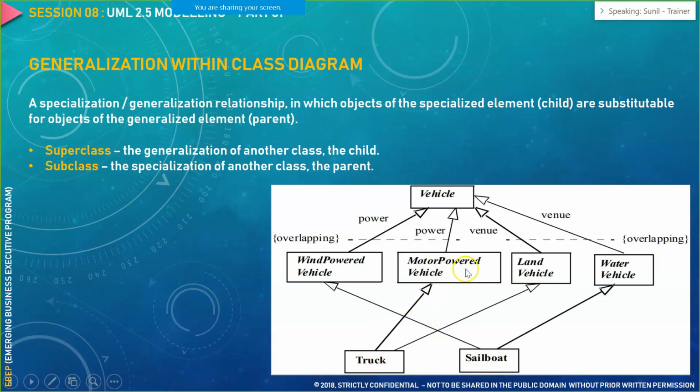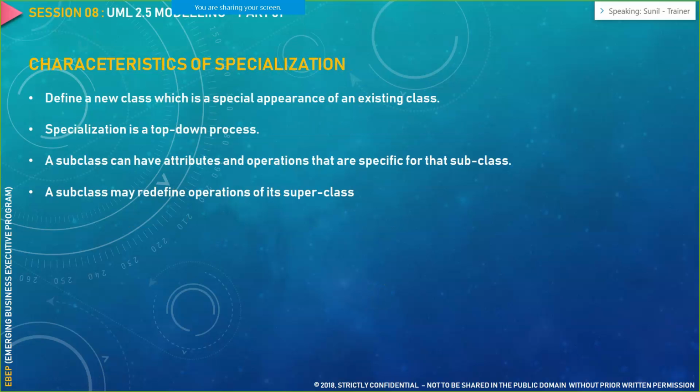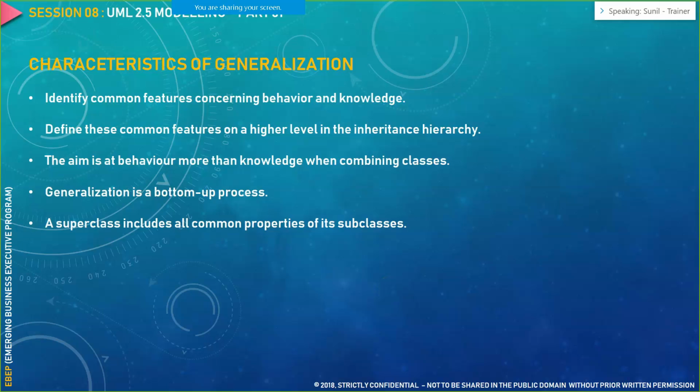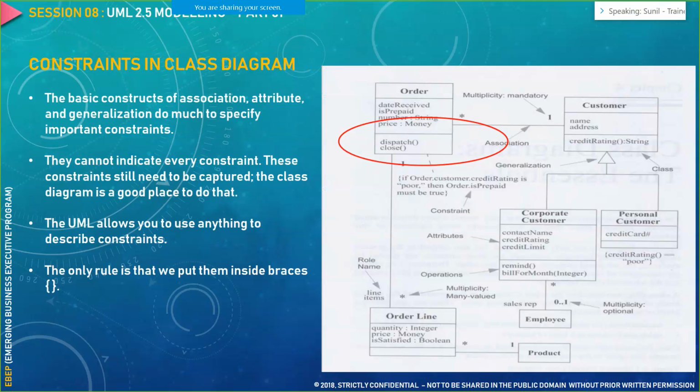Same case for motor power vehicle and land vehicle, wherein we derived all the attributes of the truck object or vehicle. And then combining these four things, we derive the vehicle as a single generalizing generic class.